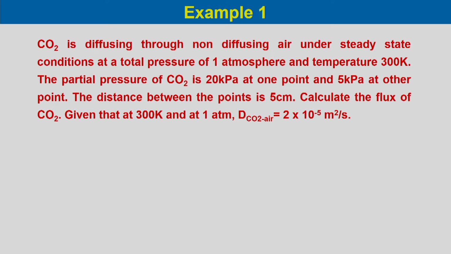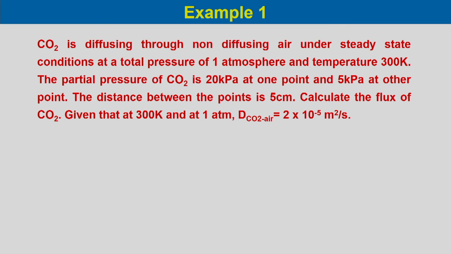Now, let us take an example. Carbon dioxide is diffusing through non-diffusing air under steady state conditions at a total pressure of 1 atmosphere and temperature of 300 Kelvin. The partial pressure of carbon dioxide is 20 kilopascal at one point and 5 kilopascal at the other point. The distance between the points is 5 centimeter.